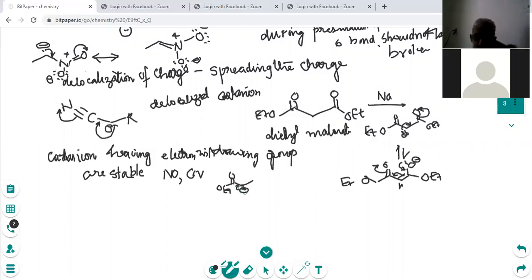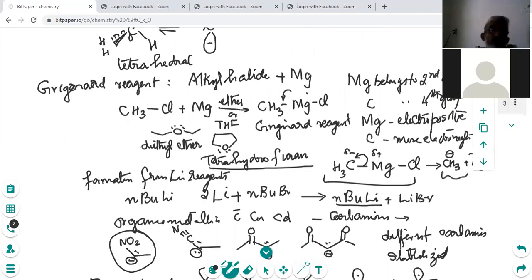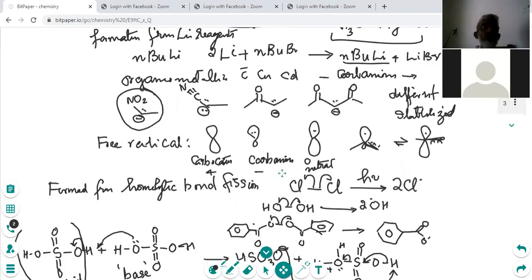So these are the reactions of carbanions, or rather the methods of formation of carbanions. The geometry I have mentioned. Now let's look at the free radicals.